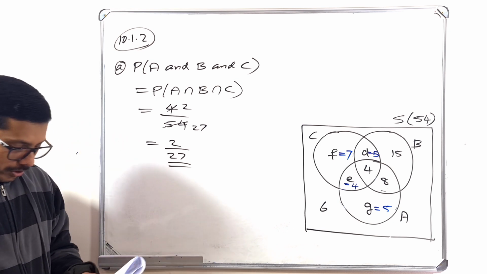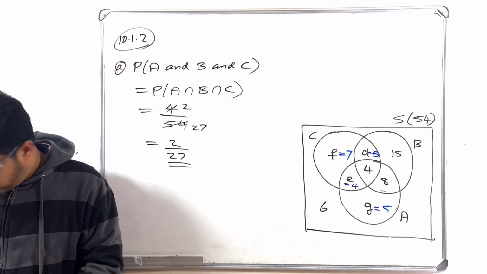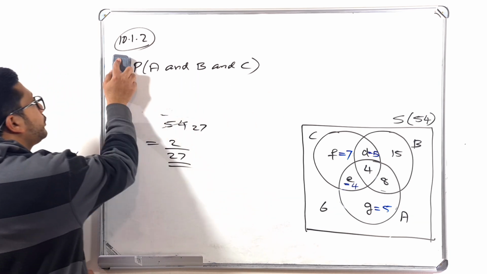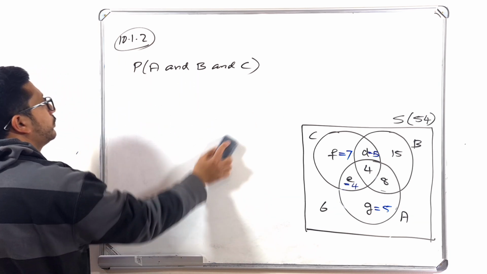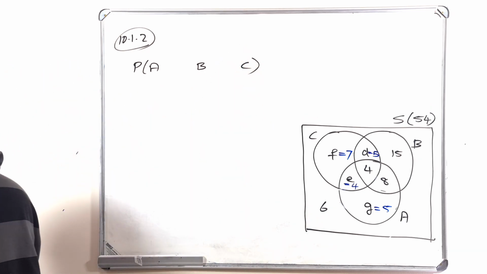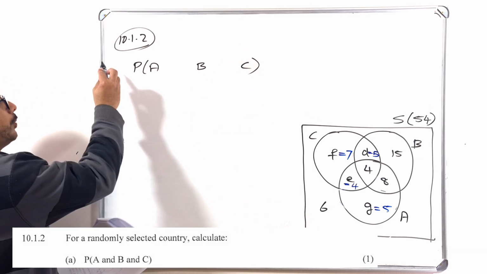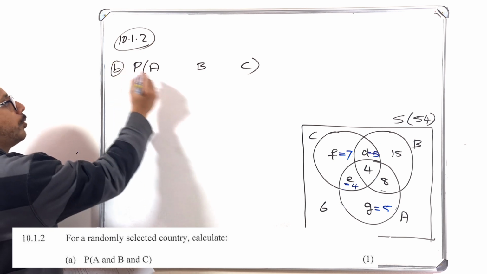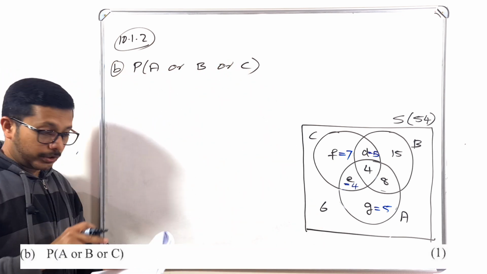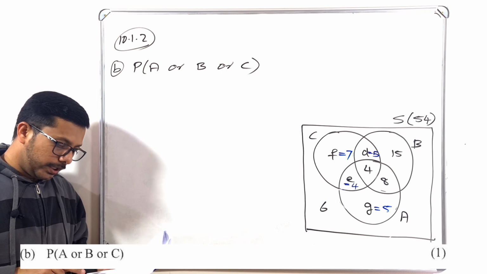Now next question, question number B. What is question number B? You have to find probability of A or B or C. Look at the question.